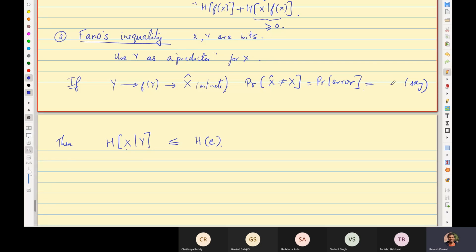Let me just write it. I'll just write this as p. It's the probability of error. Notice that this is the binary entropy function. And h of x, as I noted last time, is nothing but x log x.